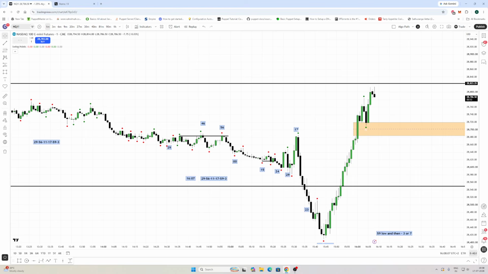So let's short here. I think it's a good shot. Now the market can trick you because if it creates 8 low here, that means it's continuation and we can flip our bias.